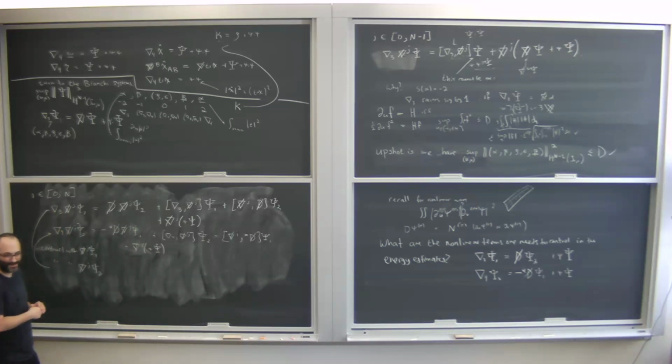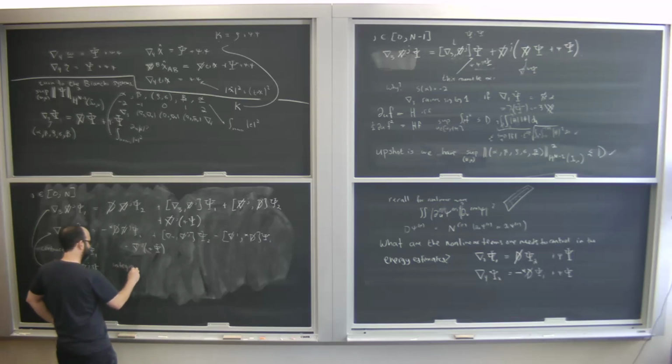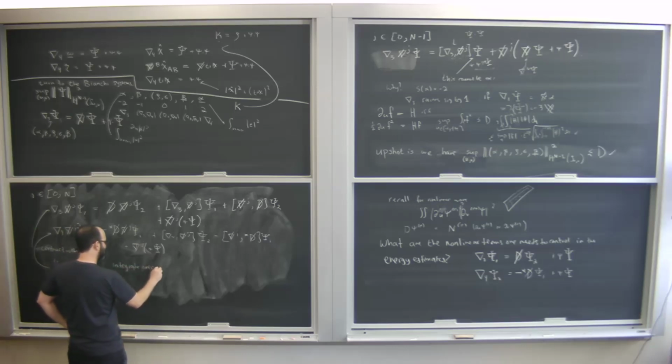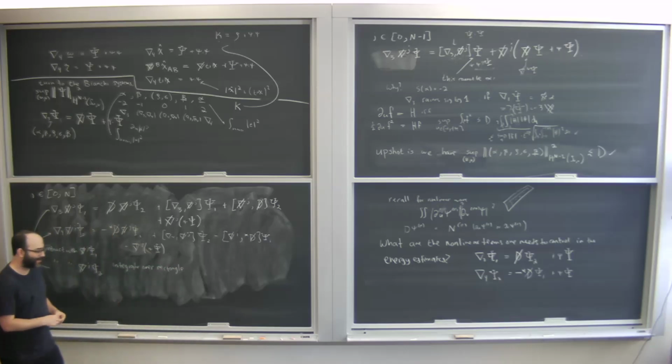Then basically you do that global integration by parts, and you integrate over the rectangle. In reality, you integrate over every possible subrectangle, because you want all the different fluxes.